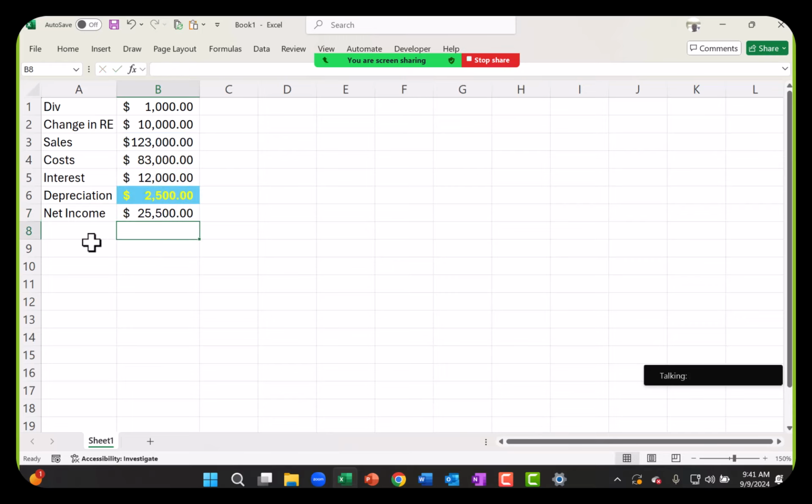I forgot to add the tax rate. Let's say 25%, times 1 minus tax rate. On the other hand, I have the net income actual.